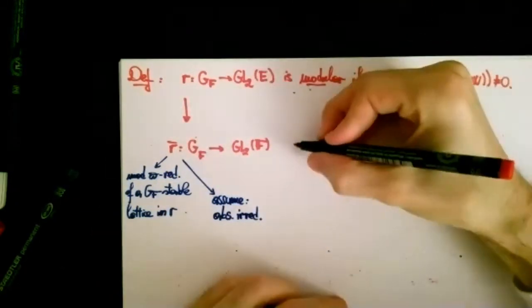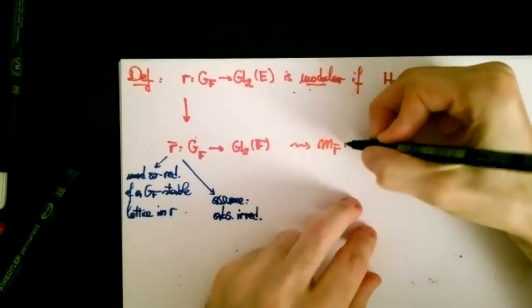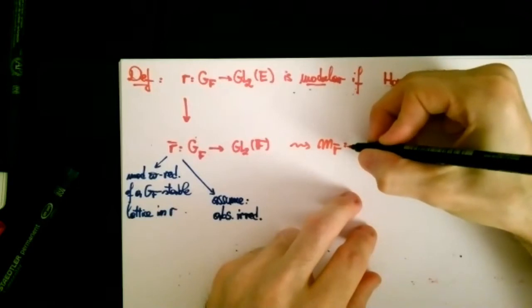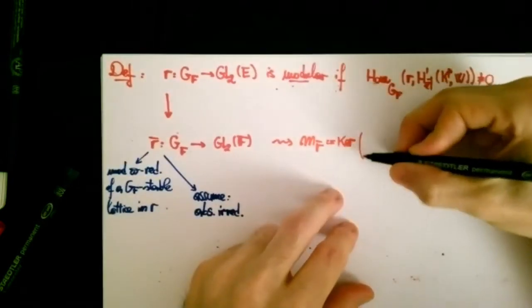Well, then we can associate the maximal ideal in the Hecke algebra, which I called M R bar. This is the kernel of the following map.